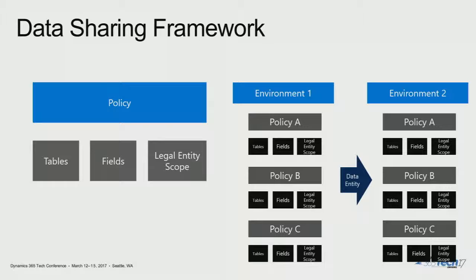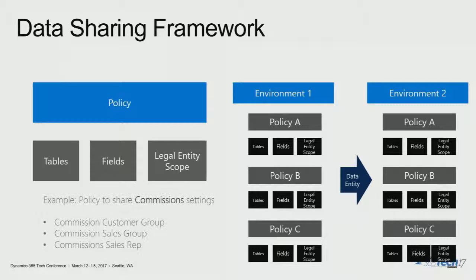In terms of the data sharing framework, the framework is enabled using a policy. Within a policy, you can define tables that you want to share across companies, and within an individual table, you can then say that I want these 5 or 6 fields replicated across companies, and then you can decide what companies you want to share this data with.